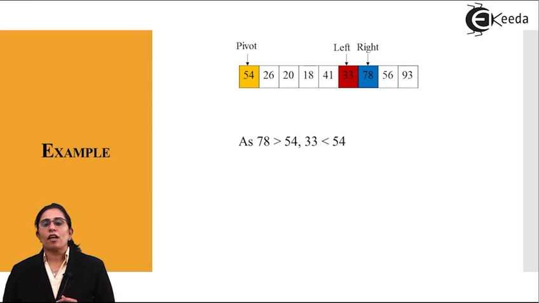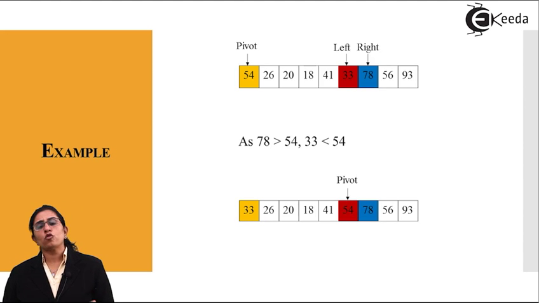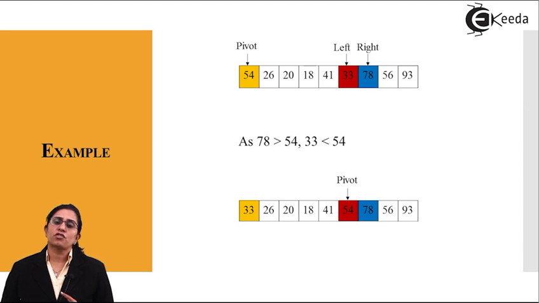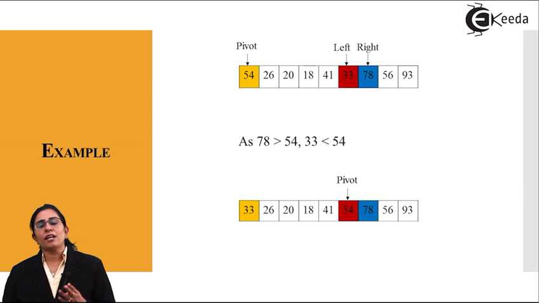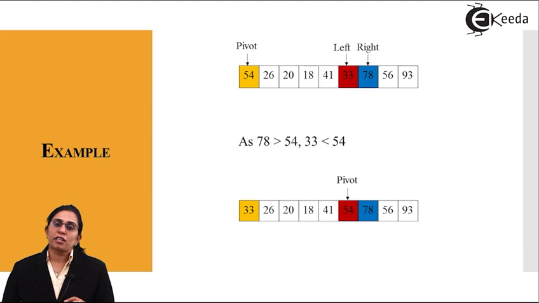Here the values of left and right cross each other, and when they cross, I increment left plus plus and it reaches 78. At this instant we get the partitioning point of my quick sort. That is the place where left and right cross each other, and where my pivot value has to be stored.